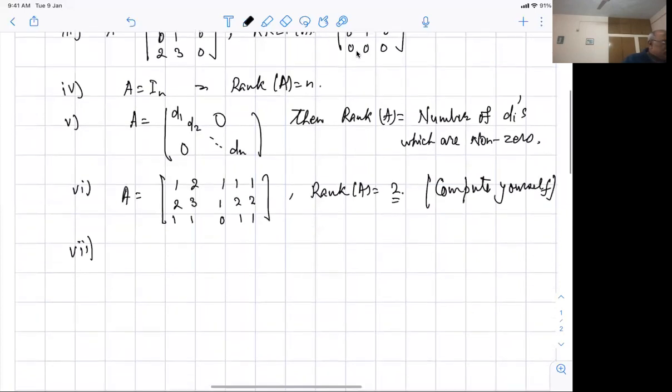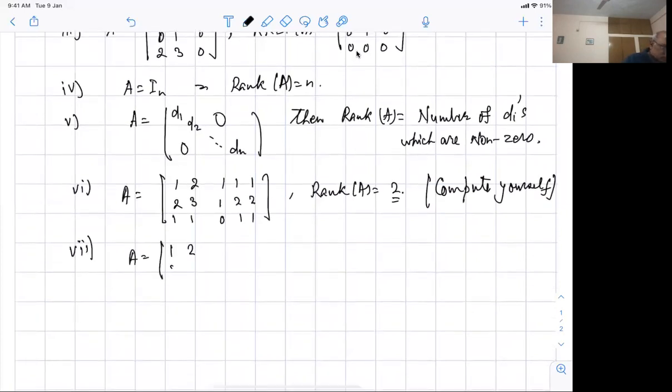Another example to do something more. A is 1, 2, 2, 4. Take B as -2, -2, 1, and 1. Then I would like you to see that A times B is 0, 0, 0, 0.